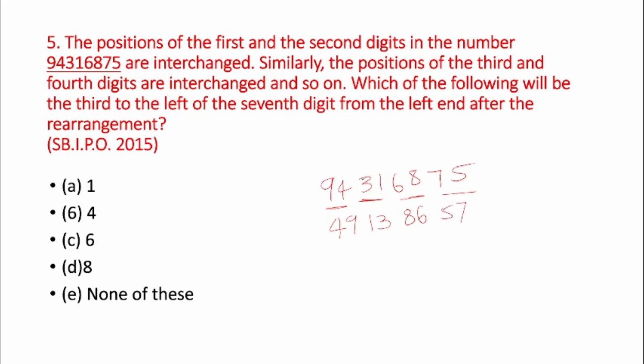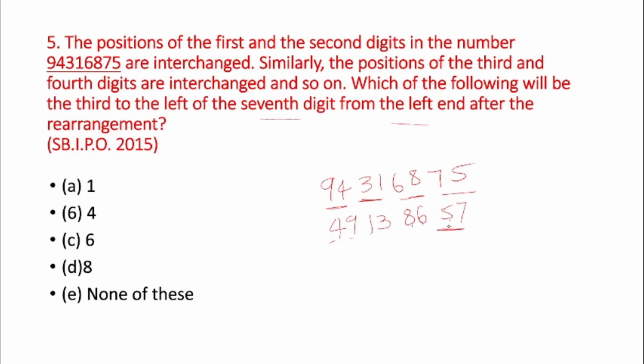Now we have another condition here. Which of the following will be the third to the left of the seventh digit from the left hand after the rearrangement? That means we have to first find the seventh digit from the left hand. From the left hand, if we start: 1, 2, 3, 4, 5, 6, 7.